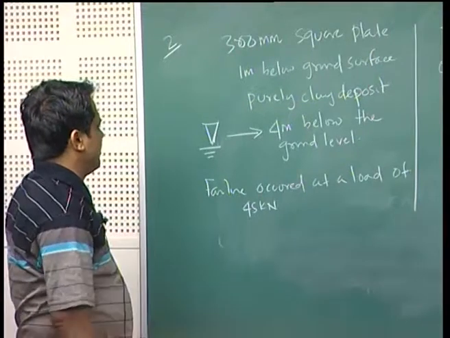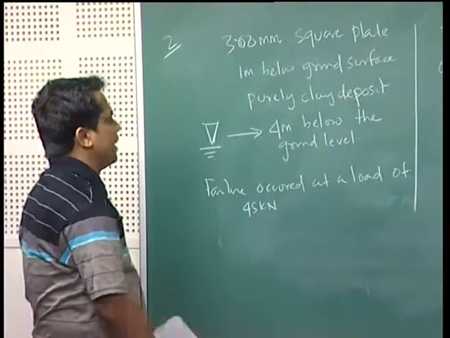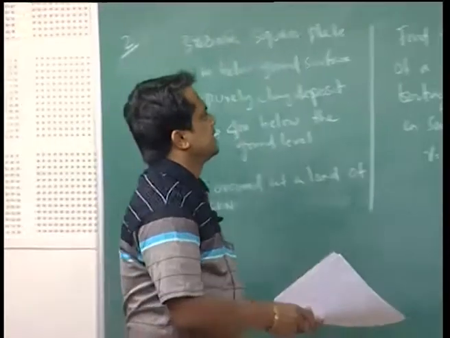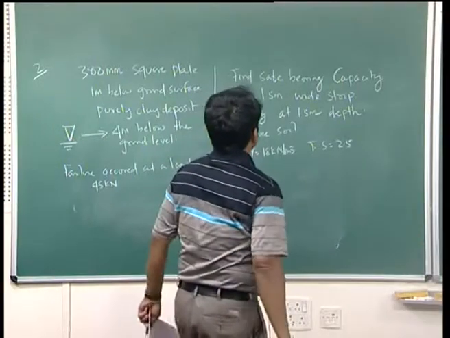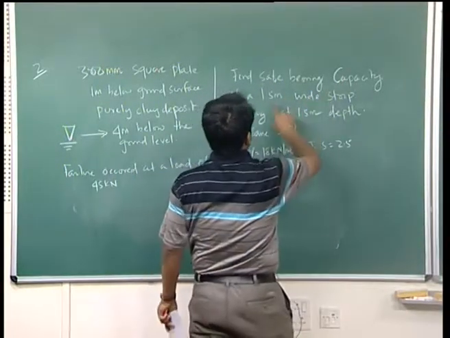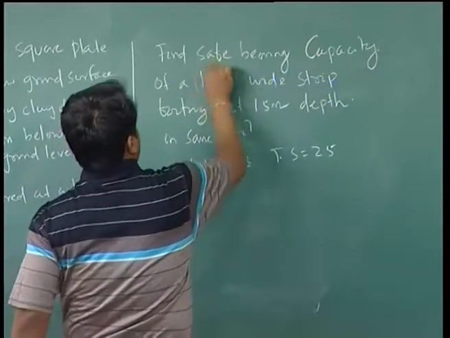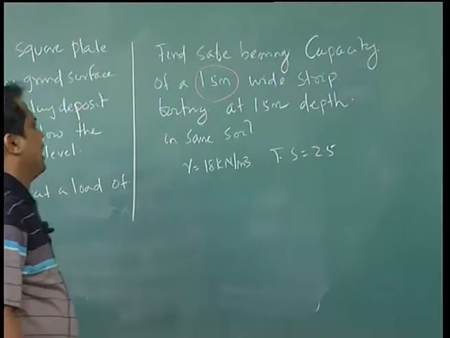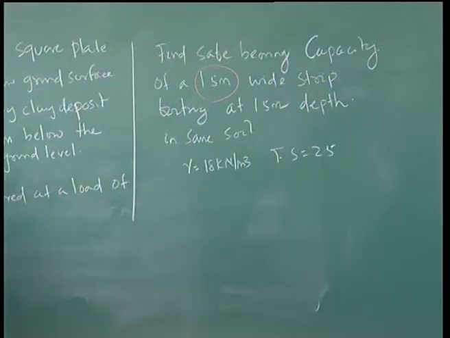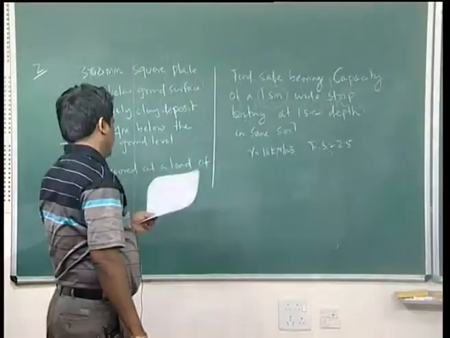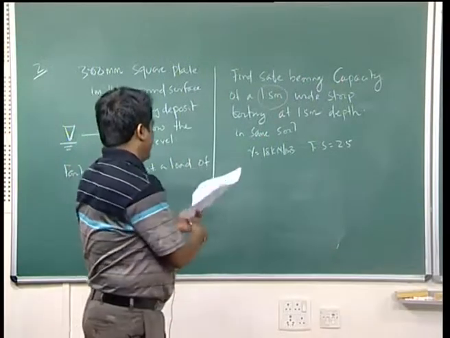Failure load is 45 kilonewton. In the same ground, find the safe bearing capacity of a 1.5 meter wide strip footing at 1.5 meter depth in the same soil. Gamma and factor of safety are given. Now you can find it out.